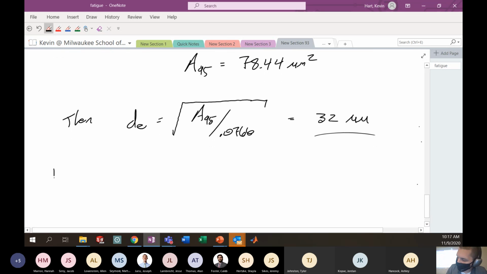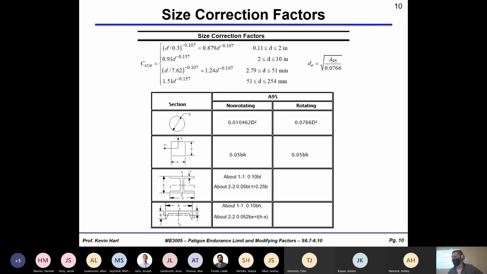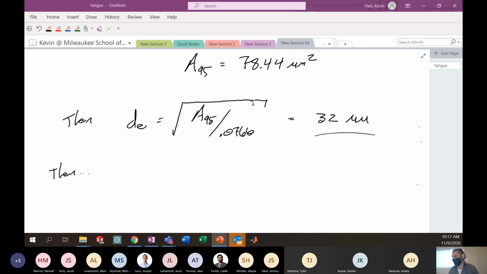Then I go to my chart, and I look at where this effective diameter falls in the range for calculating C size. So here we're falling in this range. The diameter is between 2.79 and 51 millimeters, because we're at 32 millimeters. So I need to use this general formulation to calculate C size: 1.24 d to the negative 0.107. Again, just an empirical value that happens to fit well with the data.